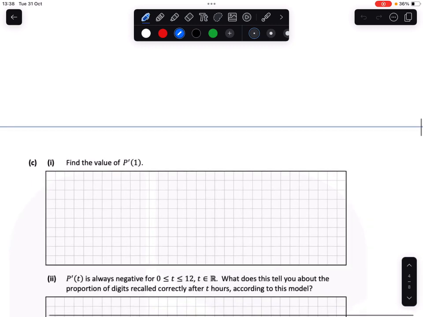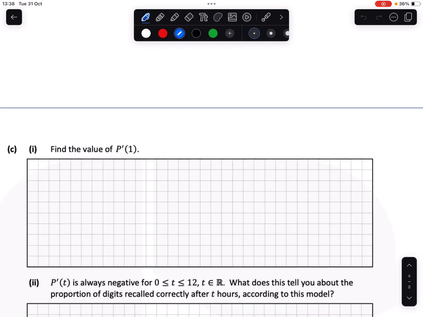Now, find the value of p prime of 1. So first of all, we have to remember that p of t was equal to 0.82 minus 0.12 times the natural log of t plus 1. So now we just need to differentiate this, and then whatever the derivative of that is, we can sub in 1, and that's how we figure this out. So p prime of t, first of all, the 0.82 is a constant, so that disappears.